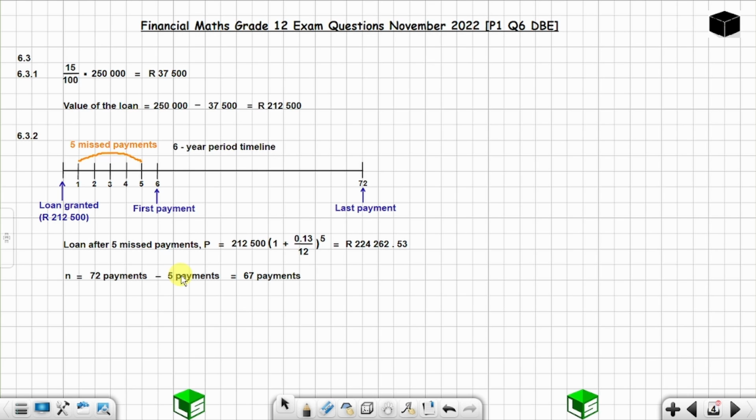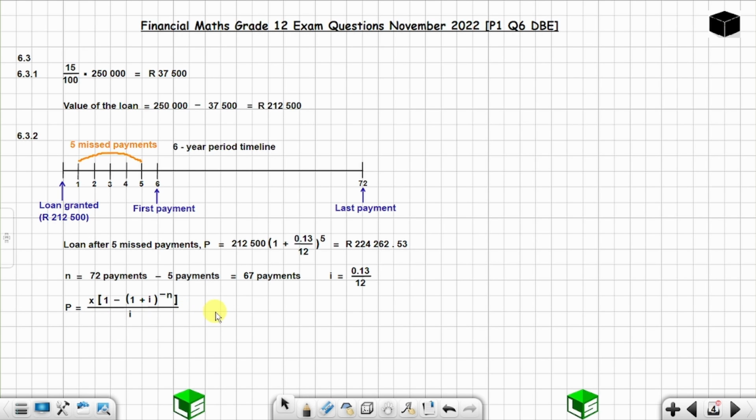The interest, remember from the question, is 0.13 over 12. Now you are going to use the present value formula. This is what we use when we are talking about a loan, or you have the money right now and you want to calculate X or any other parameter in the formula. Now the question is to find X, the monthly installment.